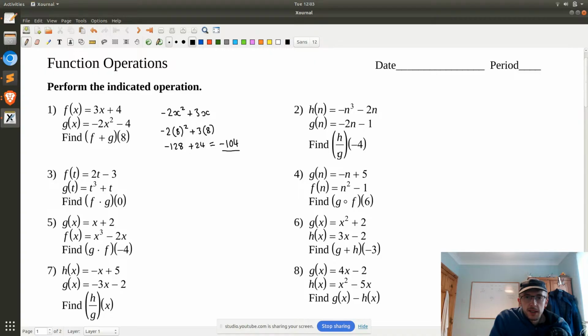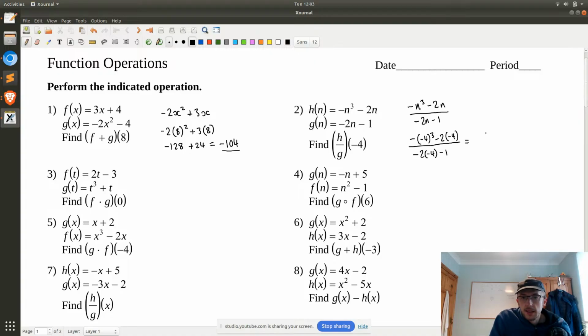Divide one function by another. Divide function h by function g. And substitute in -4 and see what you get. -4 cubed is -64 minus -64.